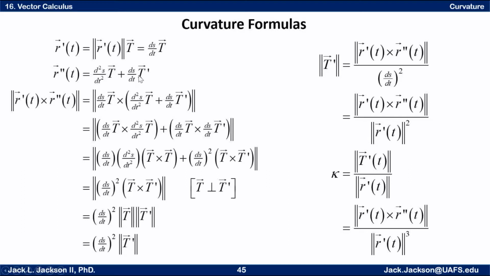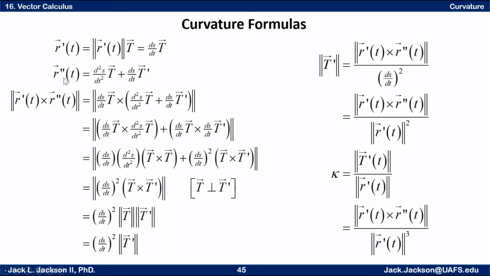The derivative of this first part is the second derivative of s with respect to t, and that's times T. And then the other way around, you've got the first factor, ds over dt, times the derivative of that, which is T prime.